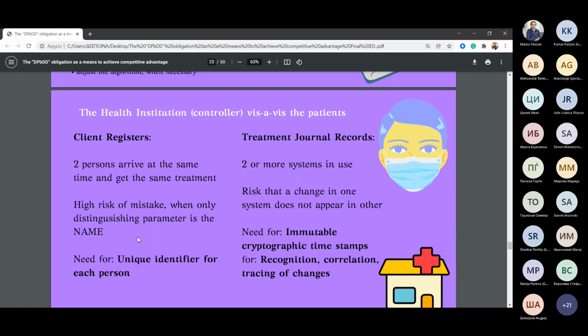So we might need a unique identifier for each person. And in the case of the treatment journal records, if we have two or more systems in use, there is the risk that a change in one system does not appear in the other. So we might need immutable cryptographic timestamps for continuous recognition, correlation, and tracing of changes.